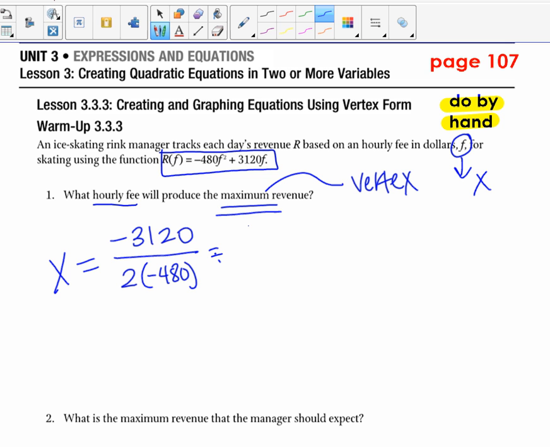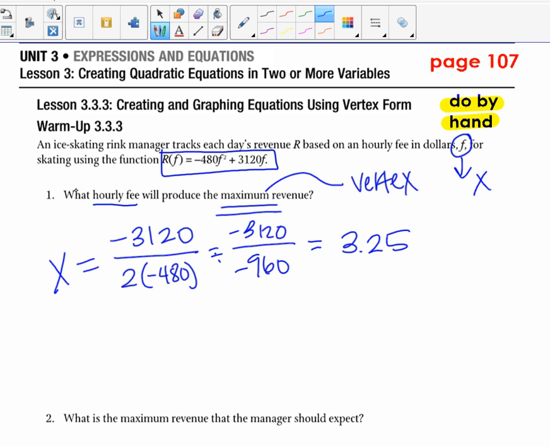And you get negative 3,120 all over negative 960. So when you calculate that, you should get 3.25.